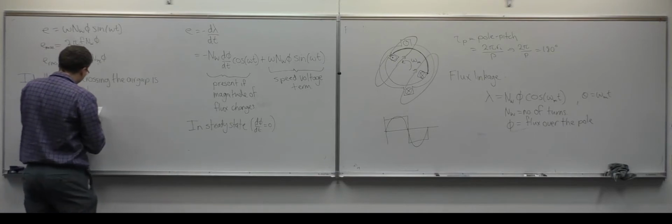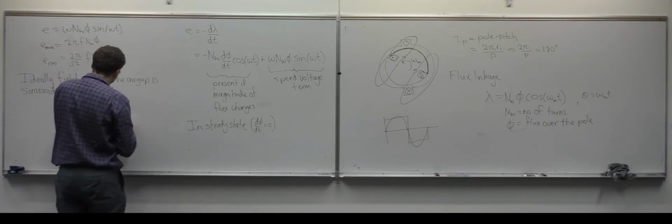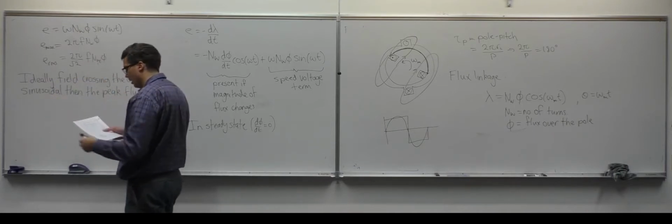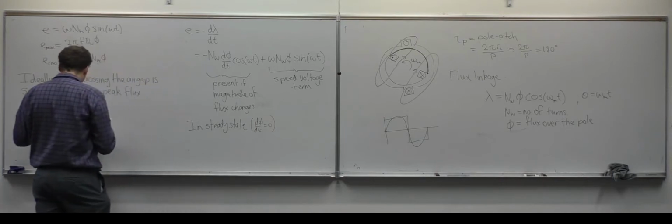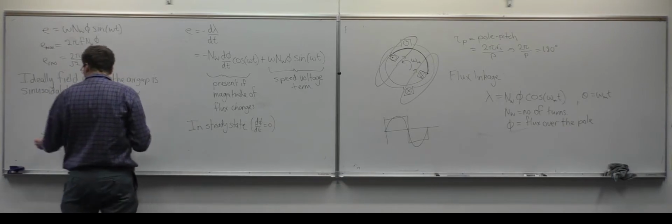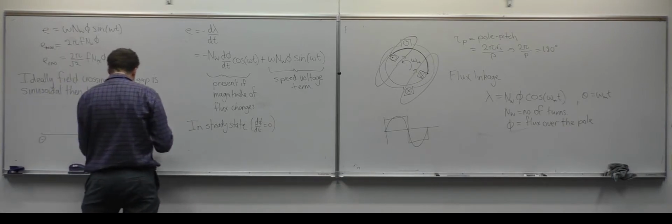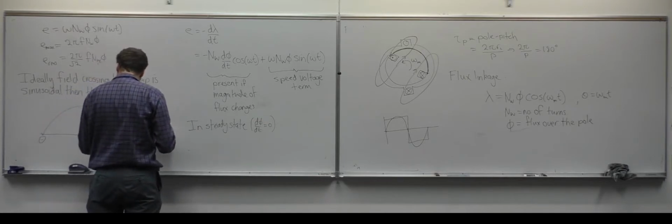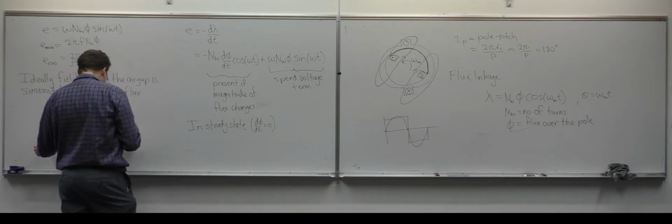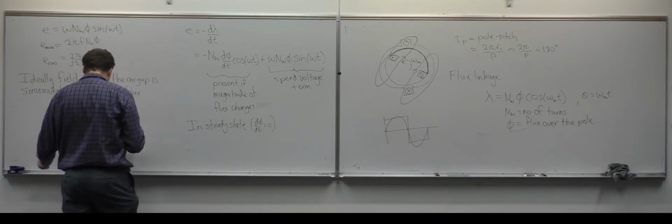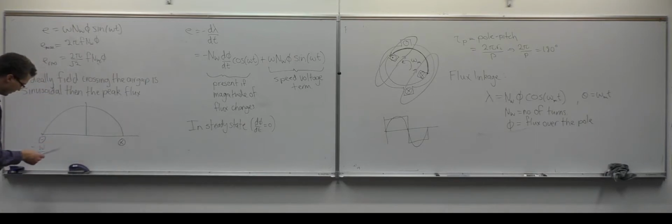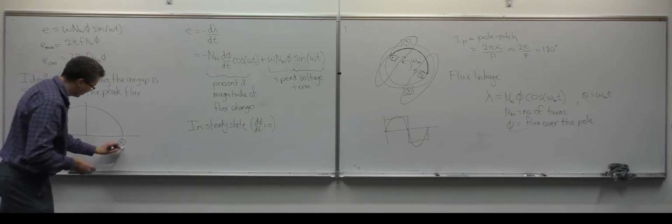Then the peak flux can be determined by integrating half of a sine. So across the pole, a field which looks like this. This would be minus W over 2, and this is W over 2.